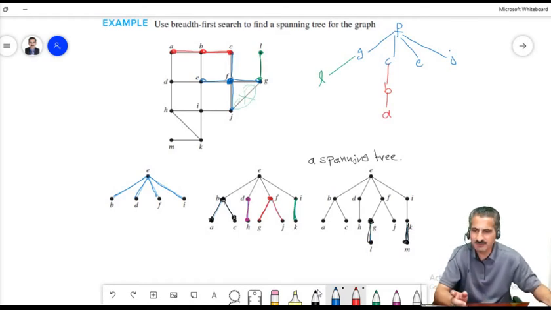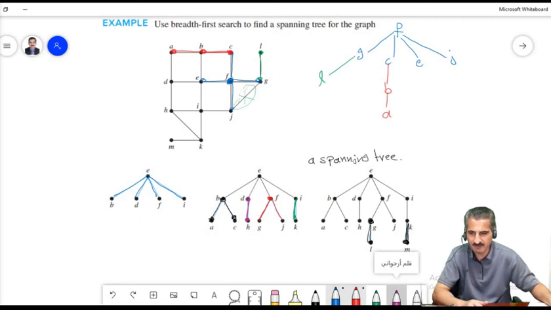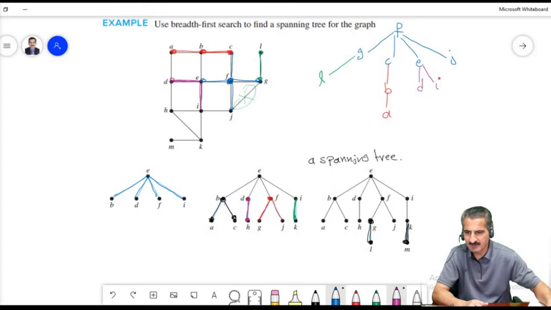I can reach D from A or from E, so let me choose to reach D from E. So I will take this to be D, and reach I from E, so this will be I, and then let us reach H from I, so this is H, and reach K from I, here we go, and reach M from K, here we go.